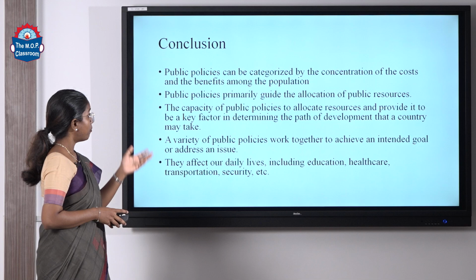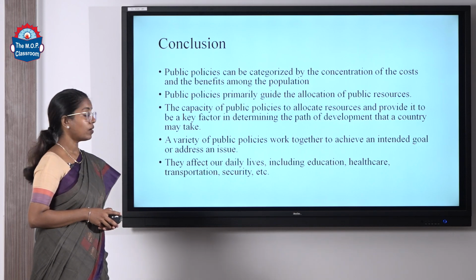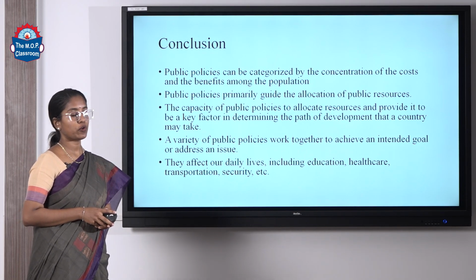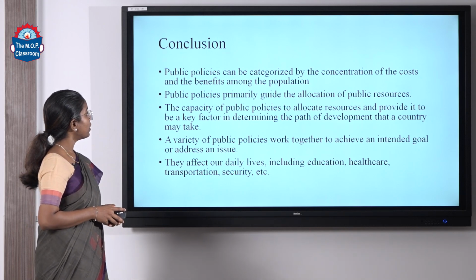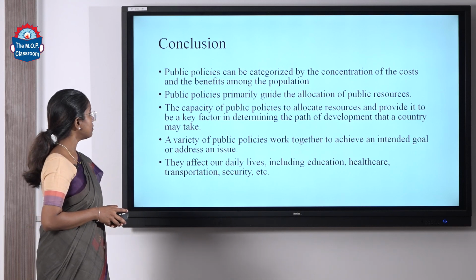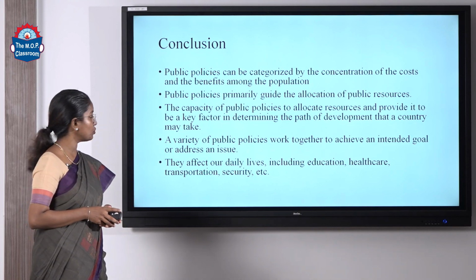Also, while doing this typology, the key determining factor is the development and welfare of the country, and a variety of public policies work together to achieve an intended goal and to address specific societal issues.